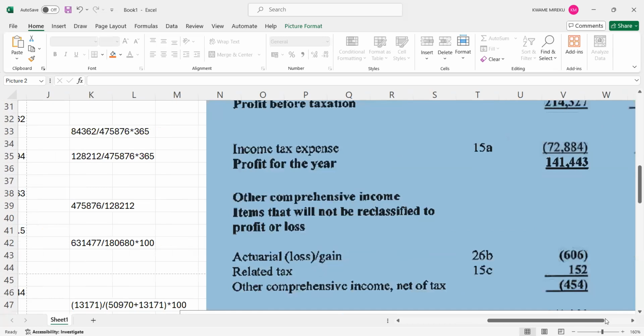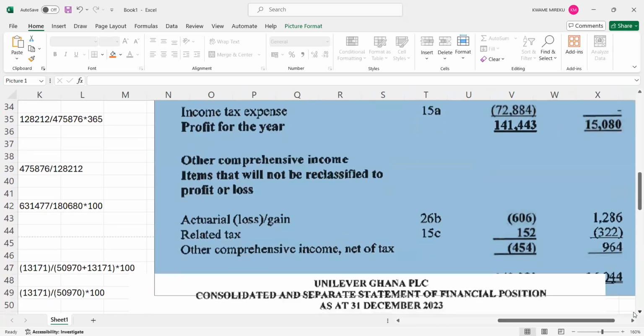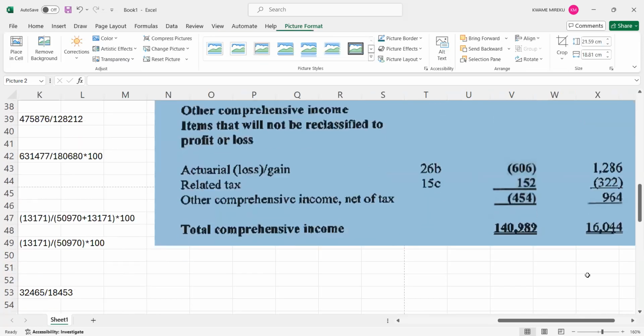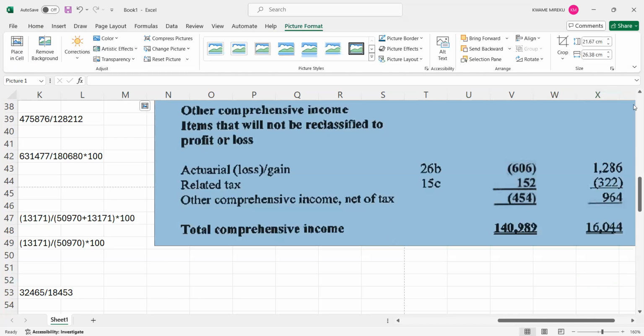Okay. Yeah, that will be the total comprehensive income that we are going to use, because that is the total income available to the shareholders. Because other items, like actuarial losses and other things, come into a financial statement.